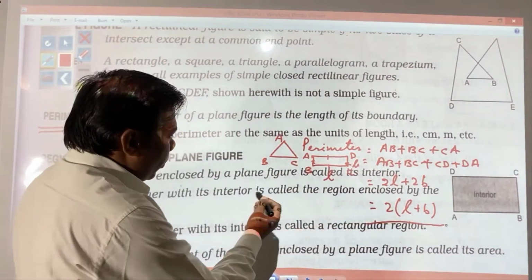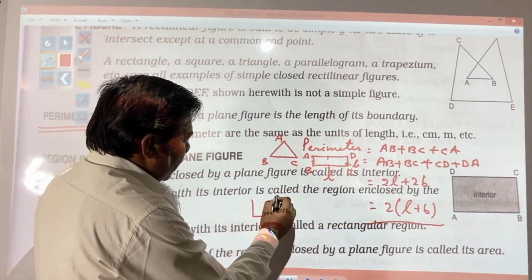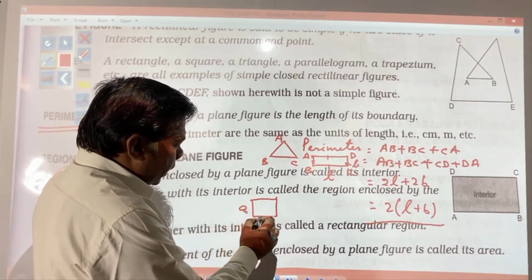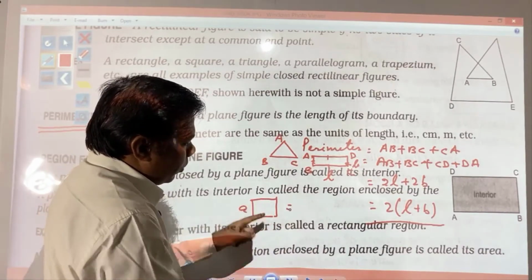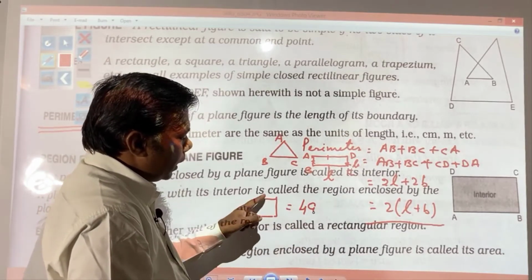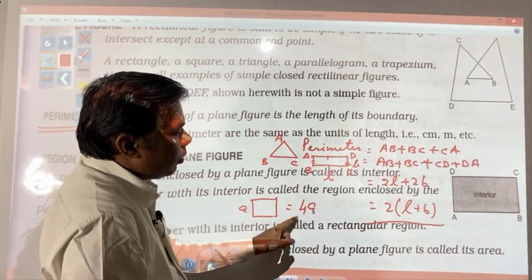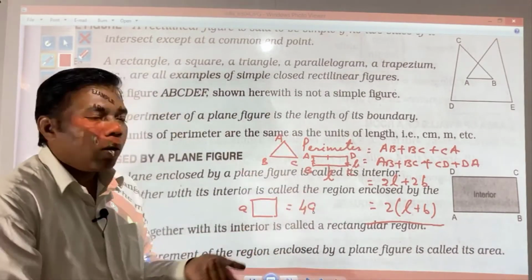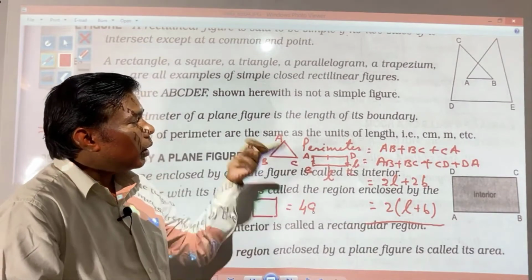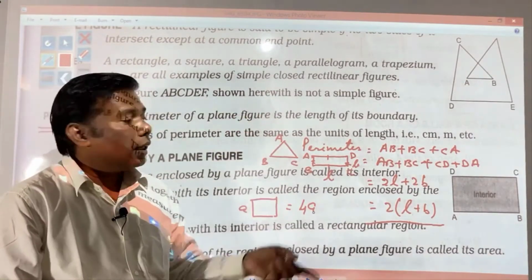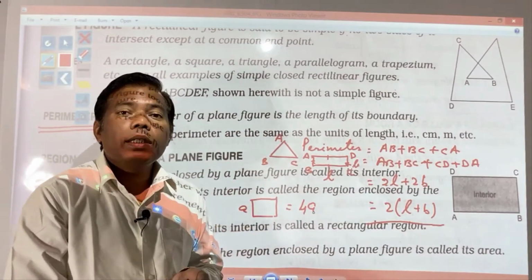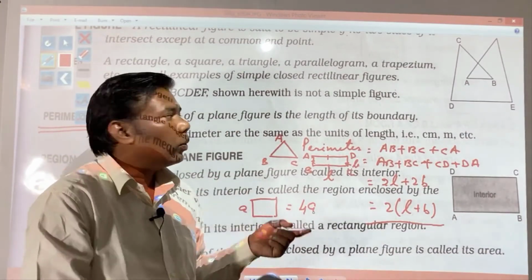In the same way, if you want to find the perimeter of a square, since all the sides are equal, one side is A, then the perimeter of this square will be 4A. A plus A plus A plus A, four times, so this will be 4A. So always remember, if an enclosed figure or closed figure is there, the perimeter of that figure will be the total length of the boundary.